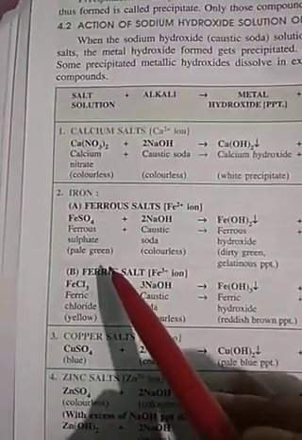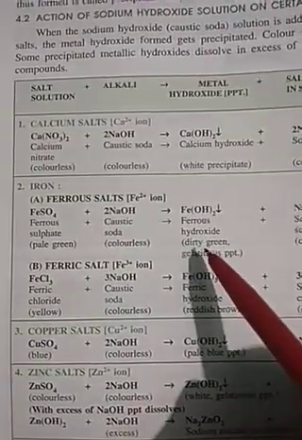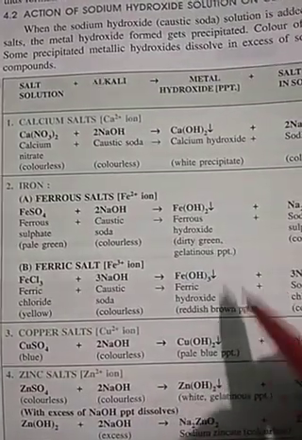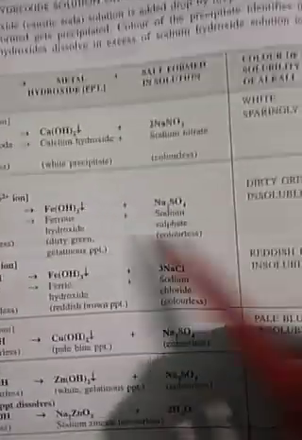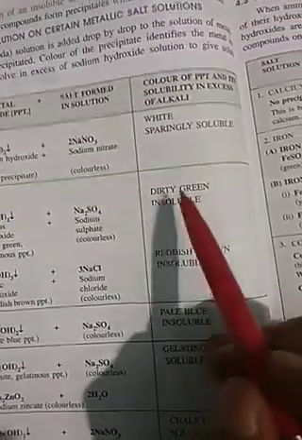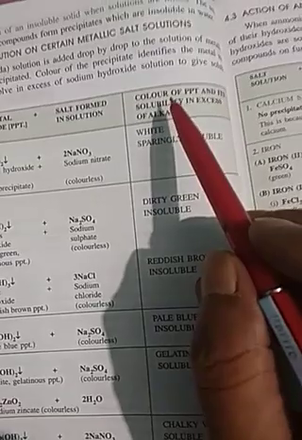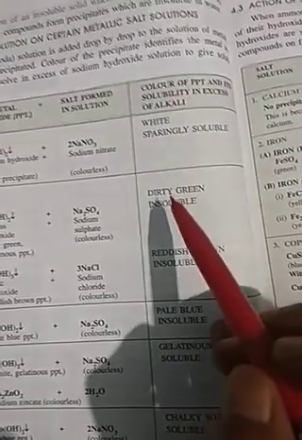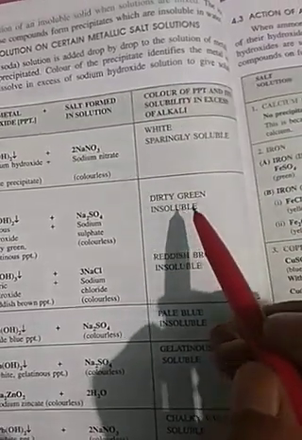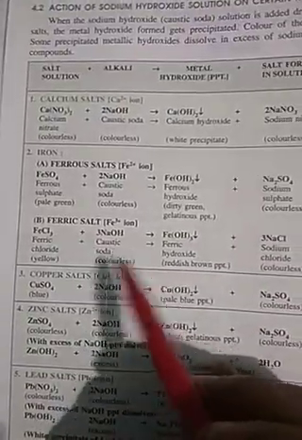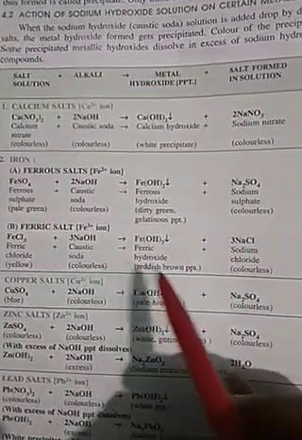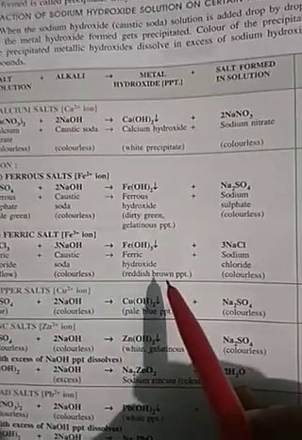Ferrous sulfate, when it reacts, forms a green precipitate, and when excess sodium hydroxide is added, it forms a dirty green insoluble precipitate. Similarly, ferric chloride forms a reddish brown precipitate.